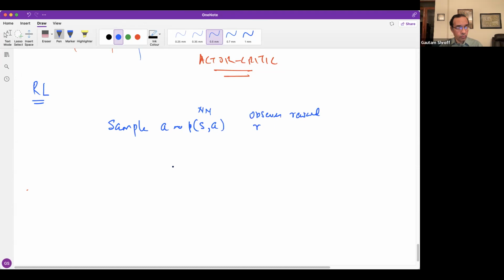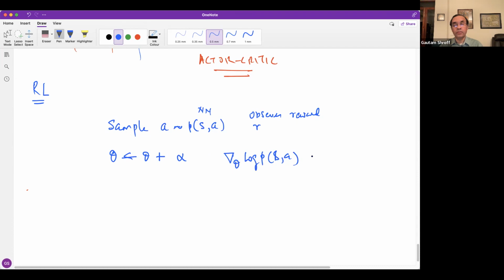And now you need to update your policy, right? Because you want to update it more often than just waiting for the entire trajectory. So you'll try to do an update right here. Theta is theta plus alpha times the gradient with respect to theta of log P of S given A multiplied by R, right?